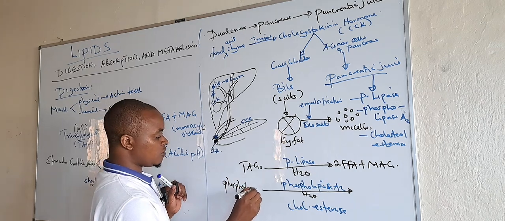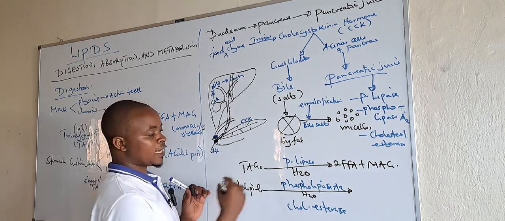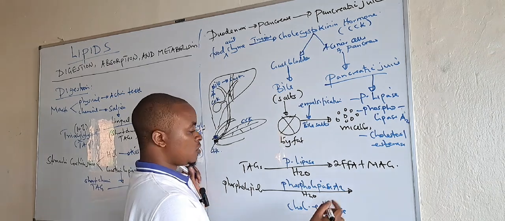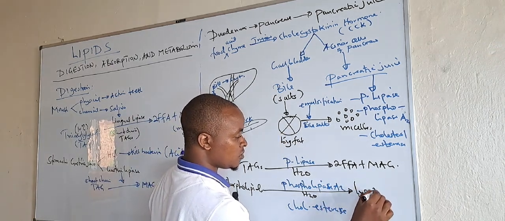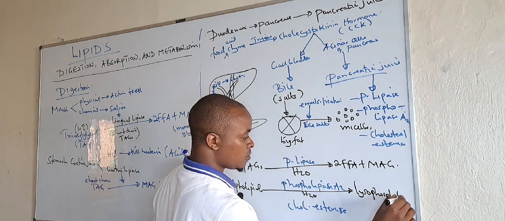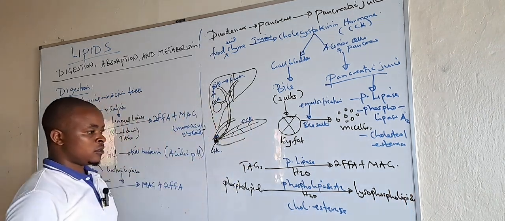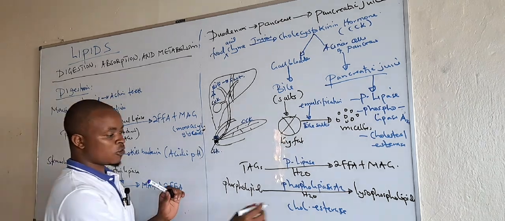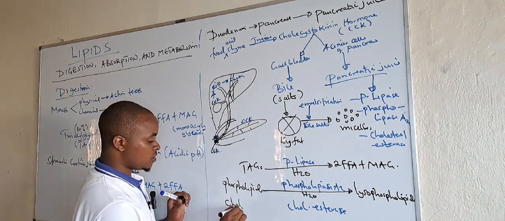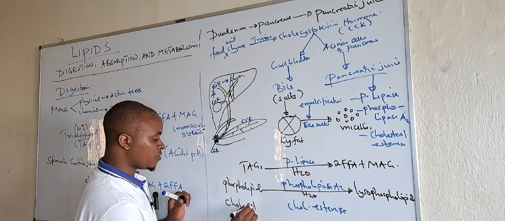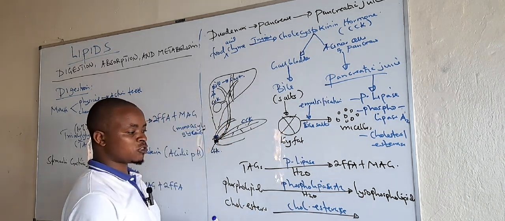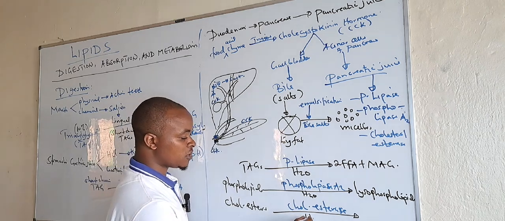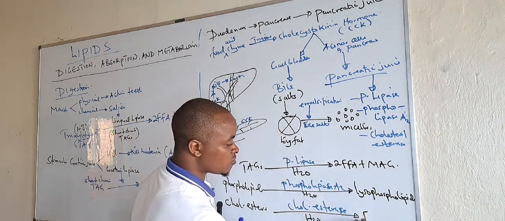In the food we eat, we have phospholipids, and they are broken down to lysophospholipids. Then the cholesterol esters in the food are hydrolyzed by the cholesterol esterase enzyme in the presence of water to form free cholesterol.